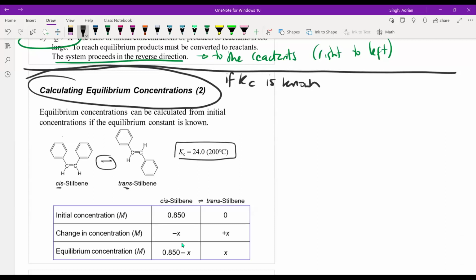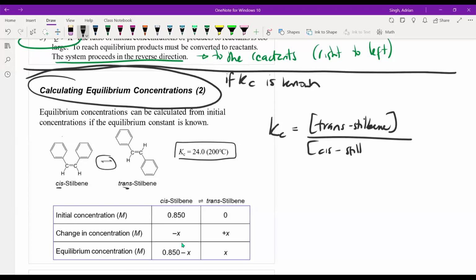We can write the Kc expression for this, right, which is the products over the reactant. So we have the concentration of the trans isomer raised to its coefficient, which is 1. We can omit the 1 just for simplicity's sake. And we're going to divide that by the concentration of the cis-stilbene raised to its coefficient, which is also 1.